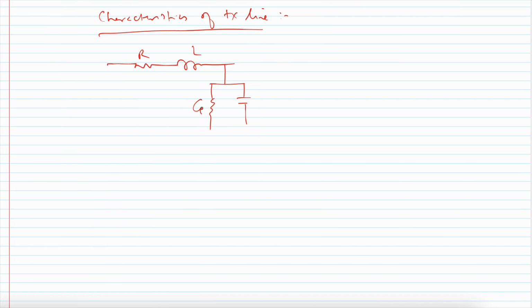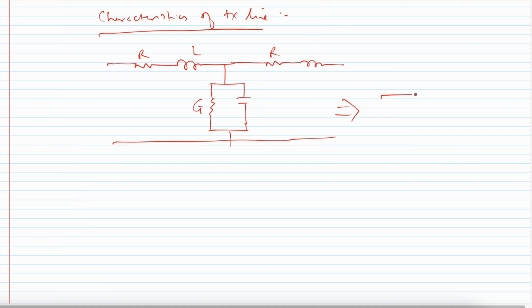This is G and this is C. Okay, this is R and this is L, and this is equivalent to this one. Zi equal to Z0. This is Z0.